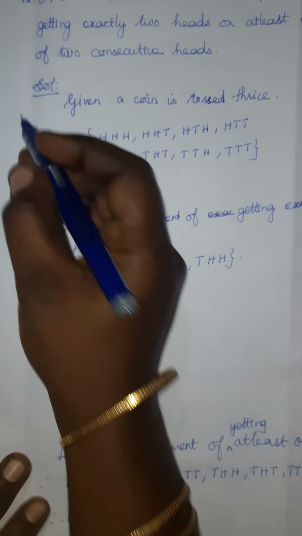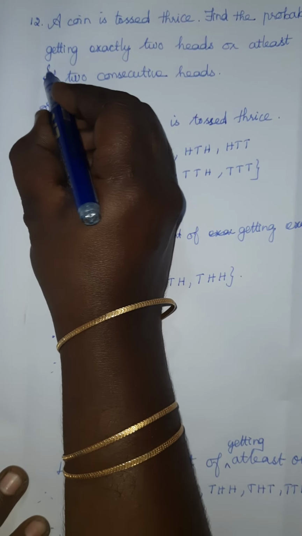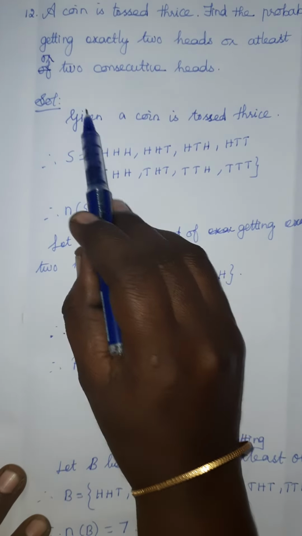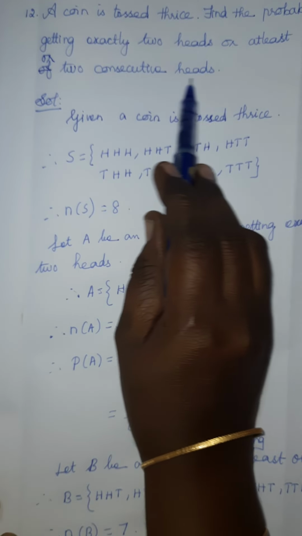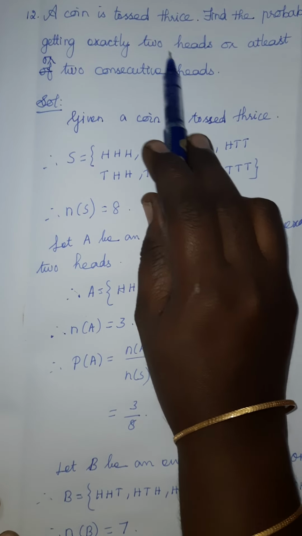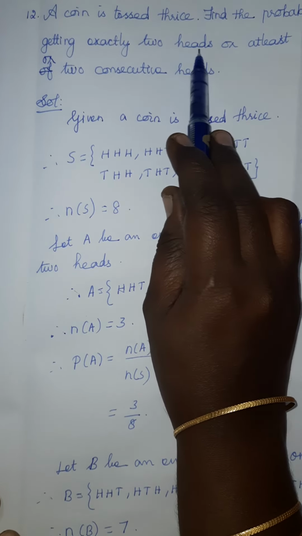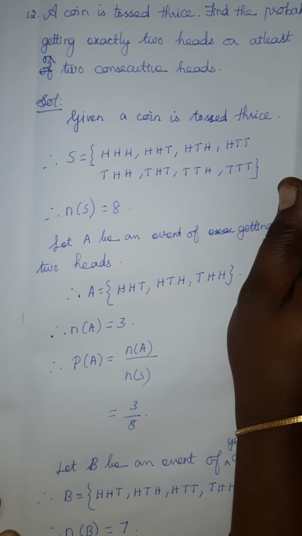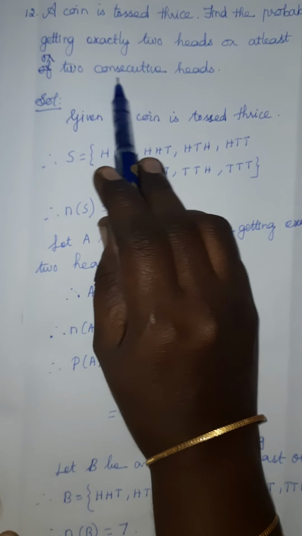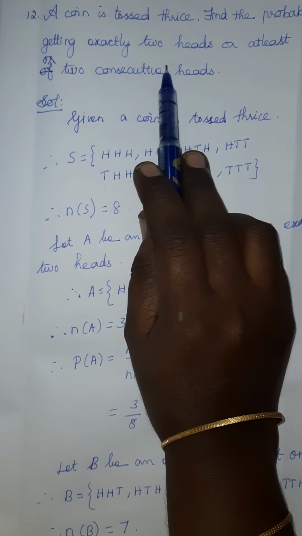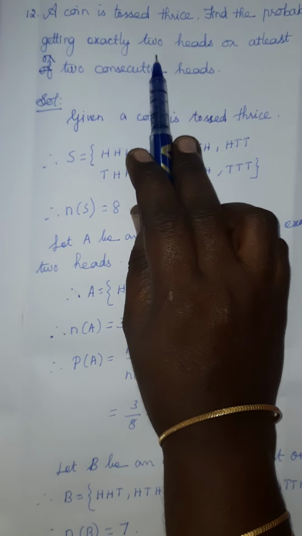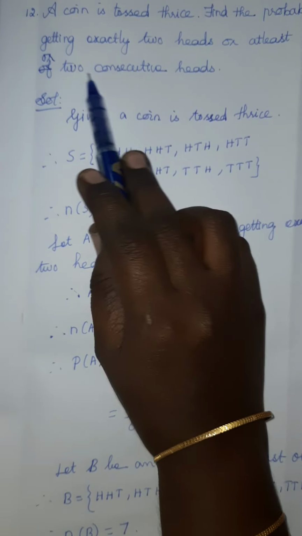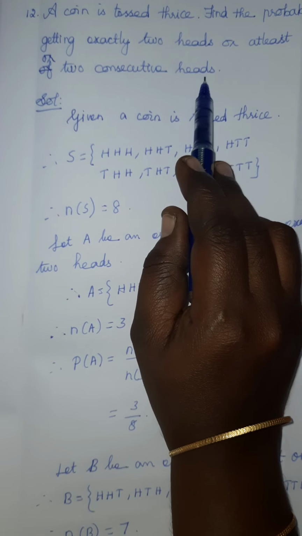Here in the question I wrote a mistake, this is R. So you have to choose the third event also, 2 consecutive heads. So A, exactly 2 heads. B, at least one tail. Then C, 2 consecutive heads. So you have to find the probability of A union B union C. Are you clear?